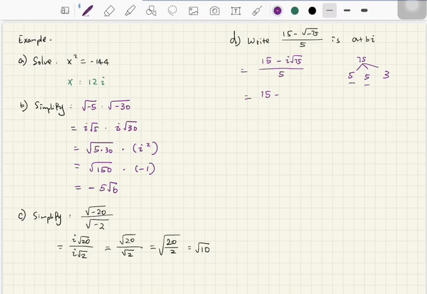So I can rewrite the i square root of 75 as 5i square root of 3 over 5. Now I'm going to divide 15 by 5 and 5i square root of 3 by 5, and that leaves 3 minus i square root of 3.